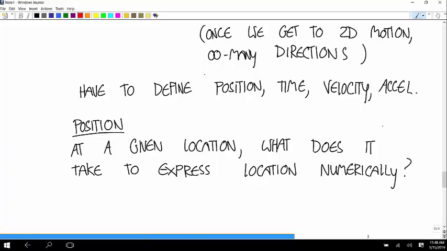Expressing this location numerically is what we're talking about when we talk about position.